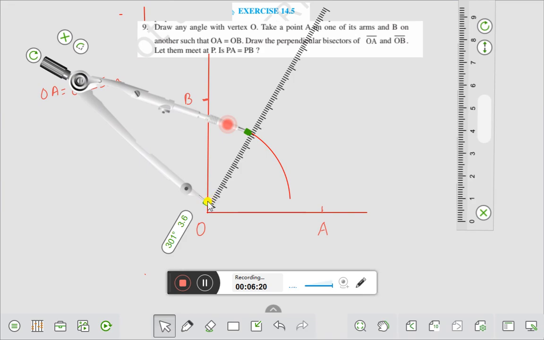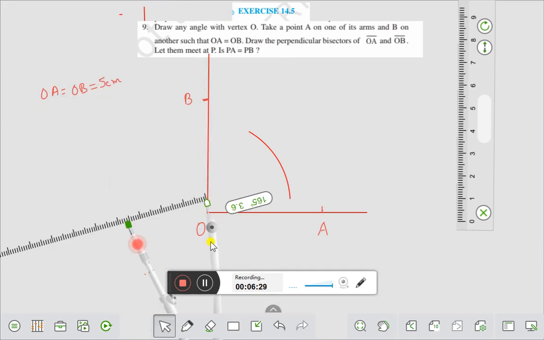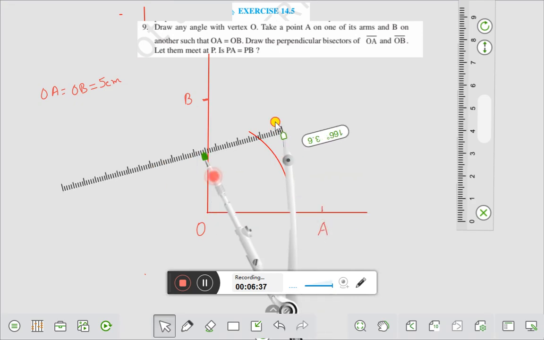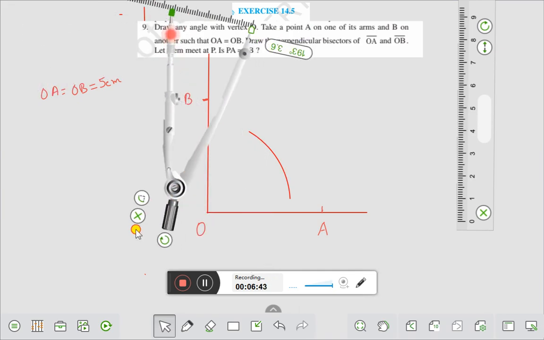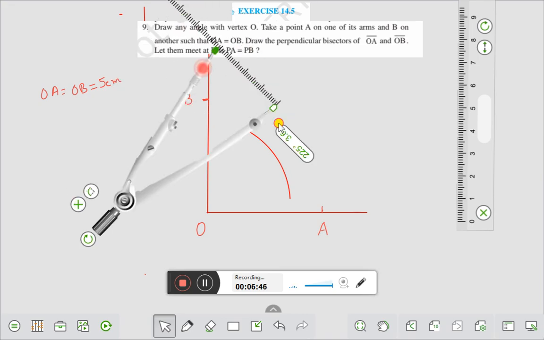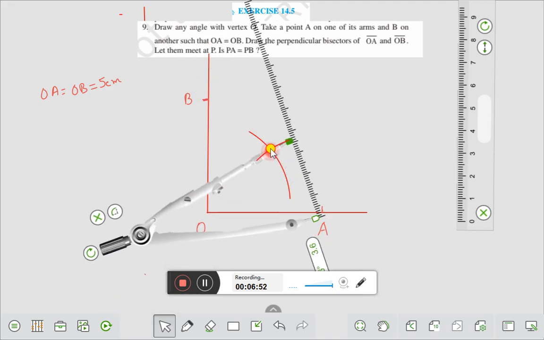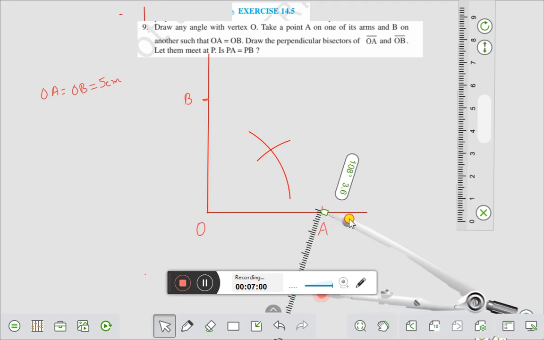Again, let us take this pointer at point A and draw a curve, right? And again take the pointer at point A and draw another curve.